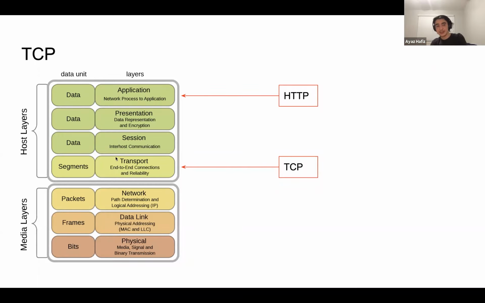TCP is the part that's responsible for segmenting the bytes or the bits that you're going to transfer across the network, and making sure that it gets from one spot to the other reliably.